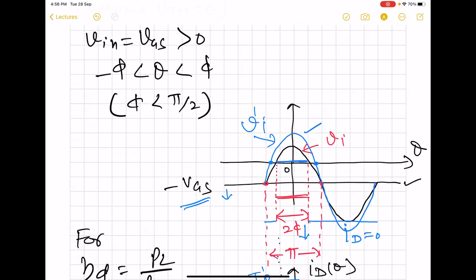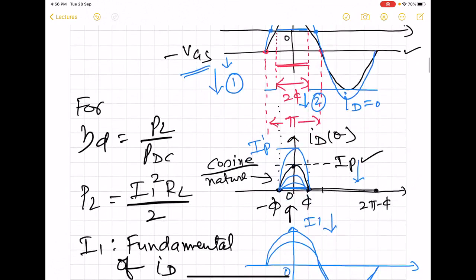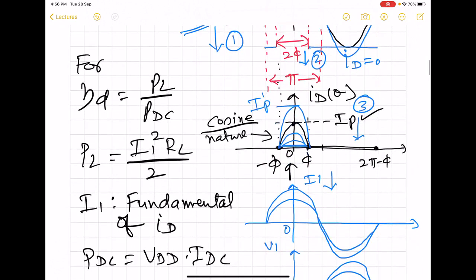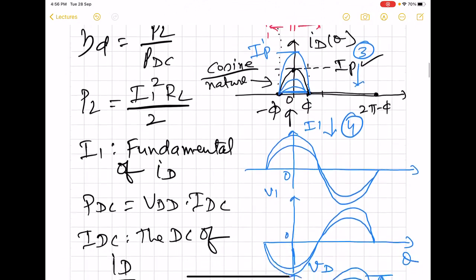So when we decrease this phi, that means we are basically pulling down this VGS. So when you pull down VGS, this is the first thing you will have to do. Second thing that will happen is phi will get reduced. So that will then bring down the IP, the peak of the drain current. So that will then bring down the fundamental current through the load.